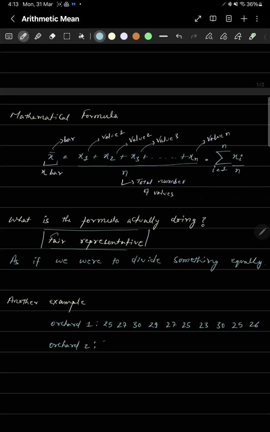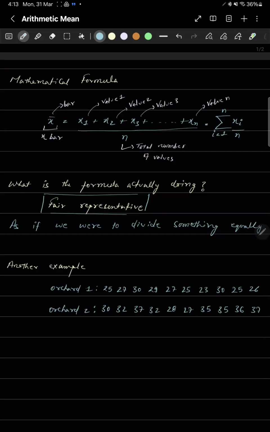For orchard 2 we have 30, 32, 37, 32, 28, 27, 35, 35, 36, 37.